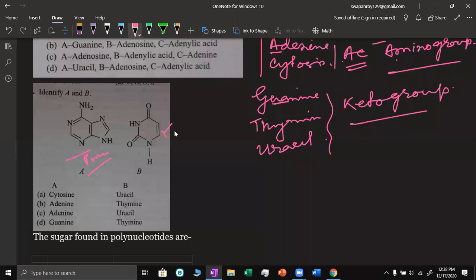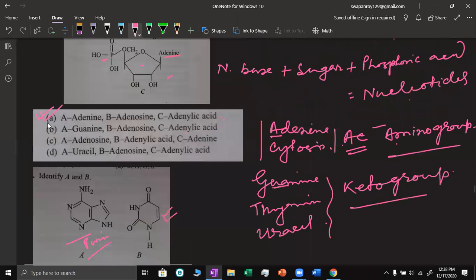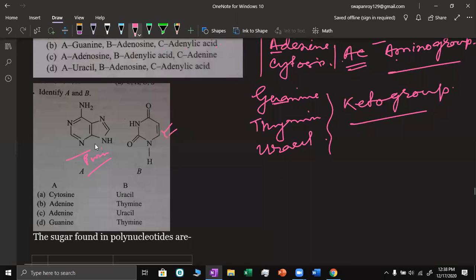This is pyrimidine. So here also you have to identify A and B. This has an amino group at the sixth position, so it is adenine.